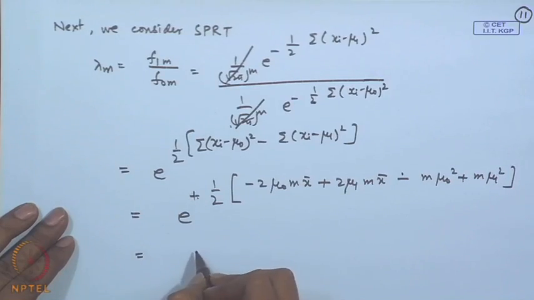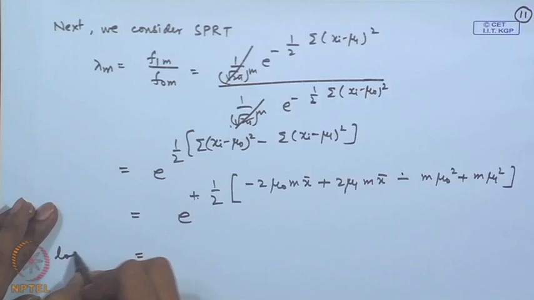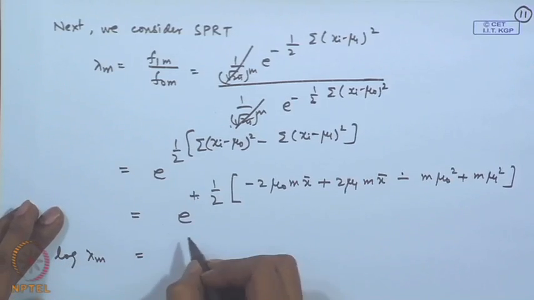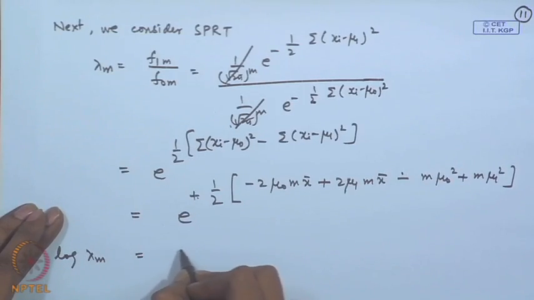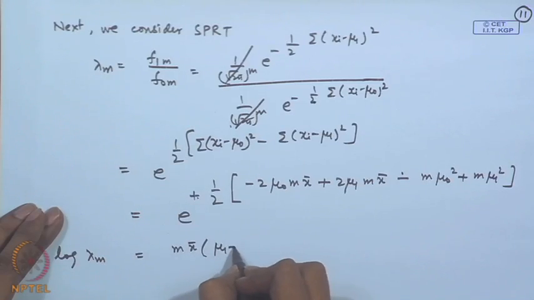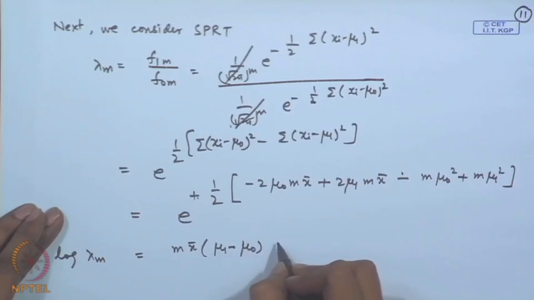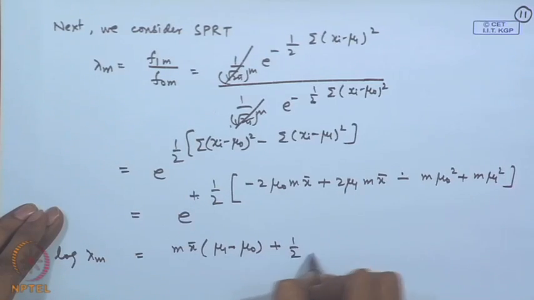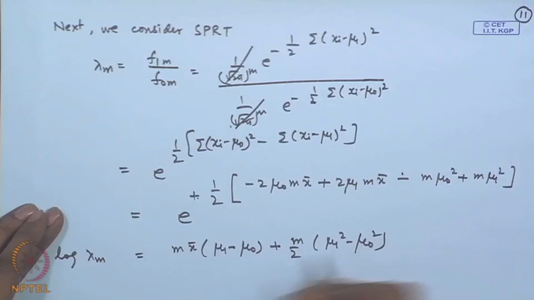So if I take log of lambda m, that is going to be equal to m x bar (mu 1 minus mu naught) plus half m (mu 1 square minus mu naught square).